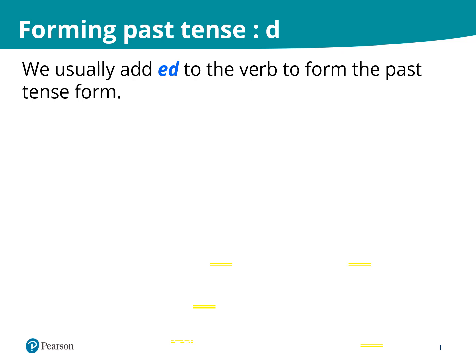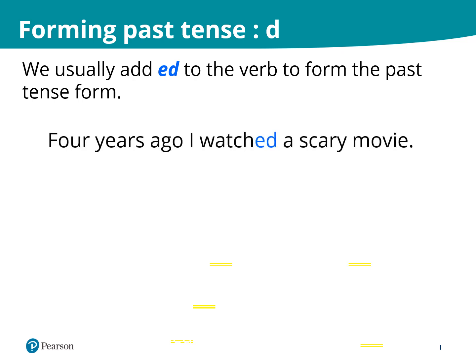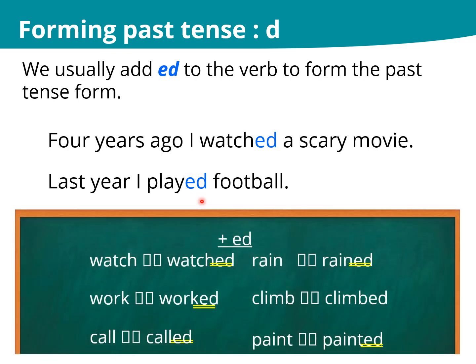We usually add ed to the verbs to form the past tense form. 4 years ago, I watched a scary movie. Last year, I played football. So as you see, I only need to add ed.